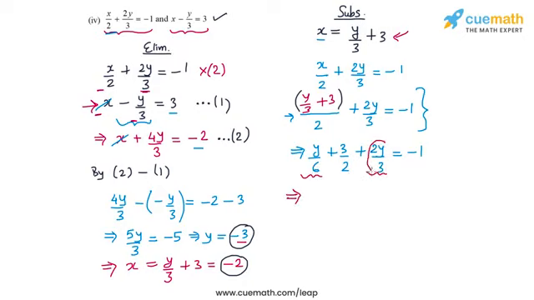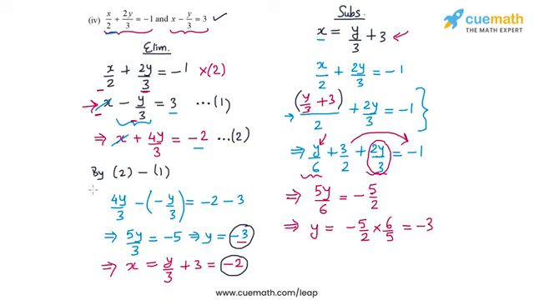So 2y by 3 can be written as 4y by 6, that plus y by 6 is 5y by 6, and then I can take this 3 by 2 to the right side. So minus 1 minus 3 by 2 is minus 5 by 2, and from here if I isolate y, I will get y is equal to minus 5 by 2 into 6 by 5, and this is equal to minus 3 once again. So y is equal to minus 3, and this matches what we got from elimination.